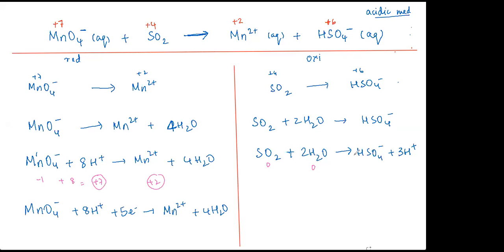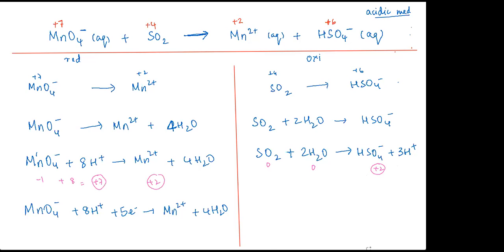So what is the total charge here? Ma'am, the total charge should be +2. +2, yes. So how will you balance it out? Remove 2 electrons from the right hand side.